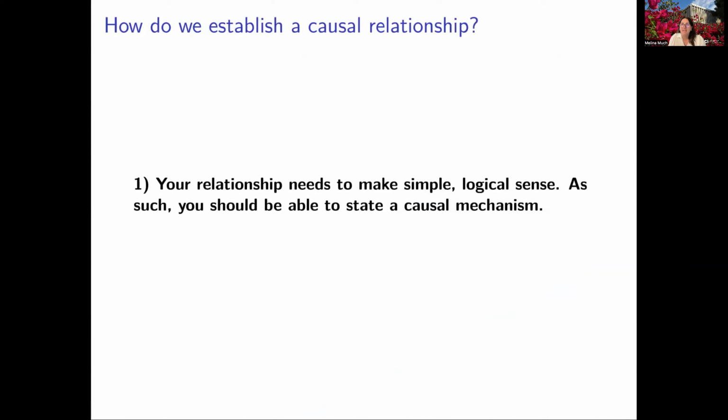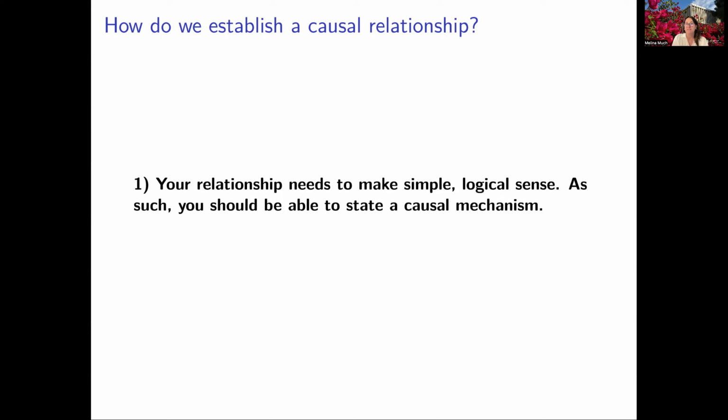So when we're looking to establish a causal relationship, when we're evaluating our hypotheses or arguments about a phenomena, the relationship needs to be simple and logical, right? We're going to keep coming back to that: you should be honed in, concise, and simple. Because it's simple and honed in enough, you can state a clear causal mechanism as to why x is related to y.